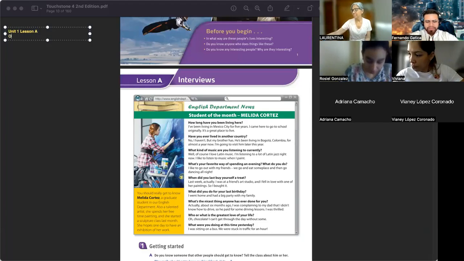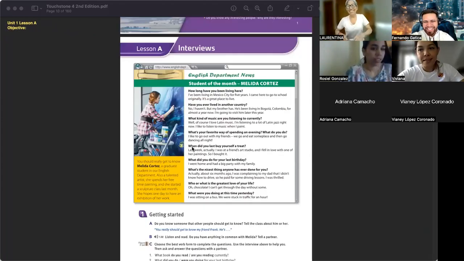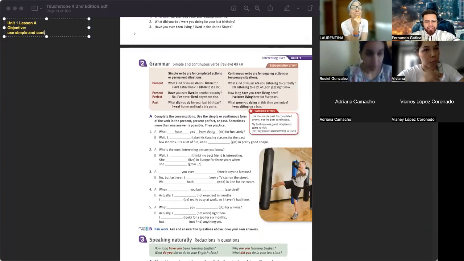Tomorrow the test. Surprise. Well, look, the objective from this lesson was to use simple and continuous verbs correctly.